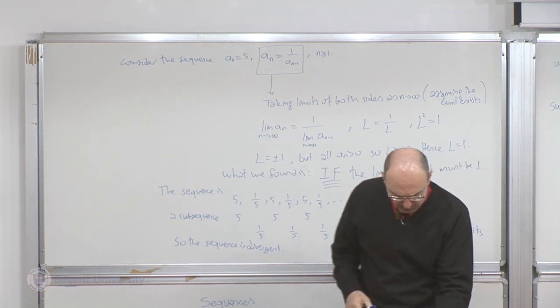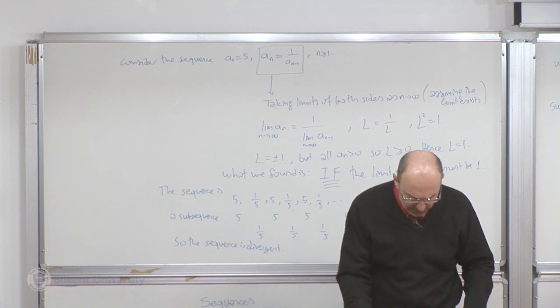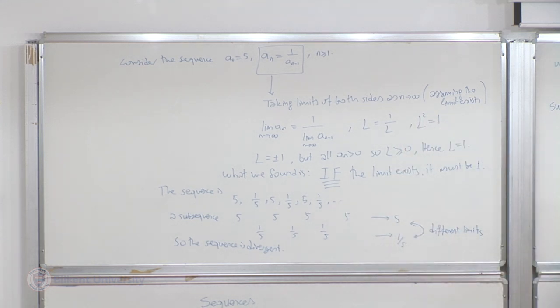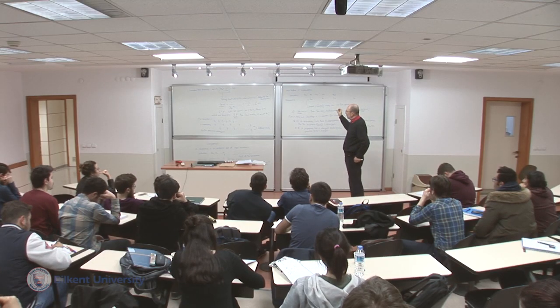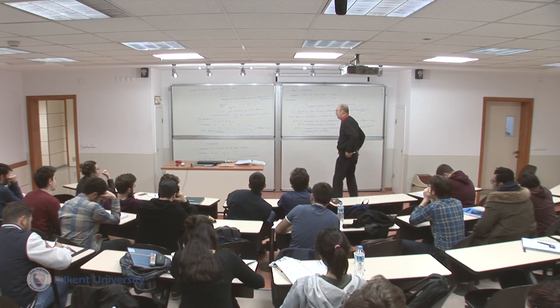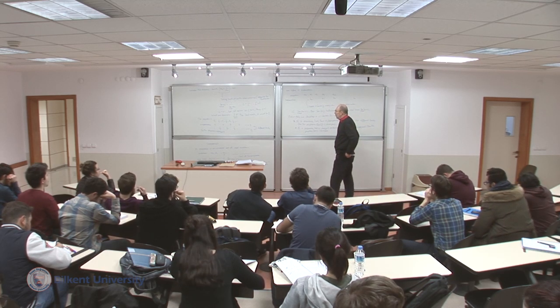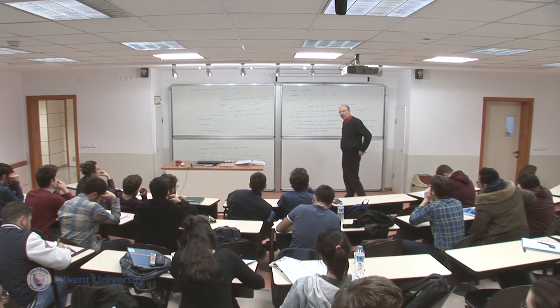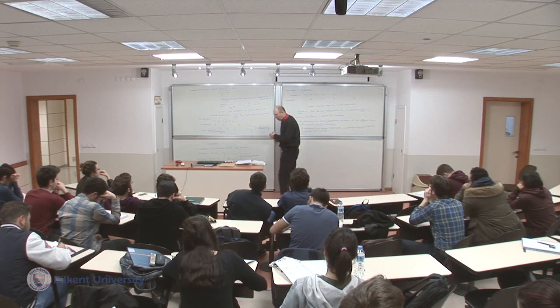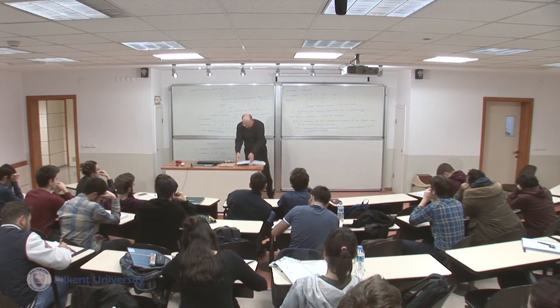So this is one example. Another thing is, of course, some sequences are defined recursively. You define the next element depending on the previous elements. In that case, in order to understand the general behavior of the sequence, you have to do some induction. So let me talk about mathematical induction briefly.